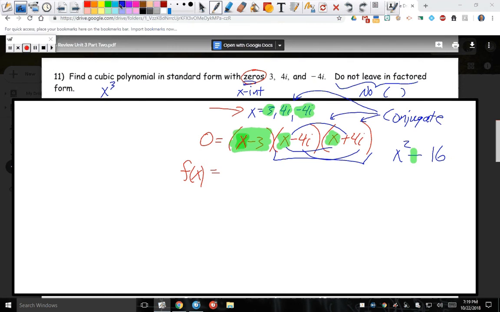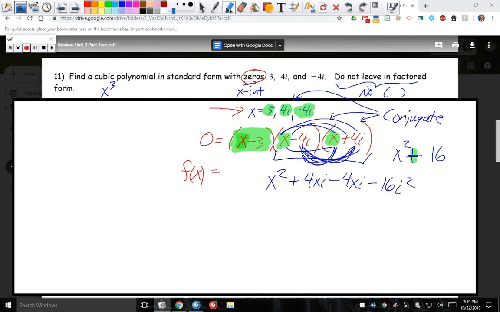Now I know that was a lot to regurgitate from your notes and whatnot. If you can't get it that fast, just FOIL them out. Okay, so x times x, I get x squared. Then the outside terms are plus 4xi. The inside terms multiply to negative 4xi, and then the last term right here, negative times a positive, would give me a negative 16i squared.